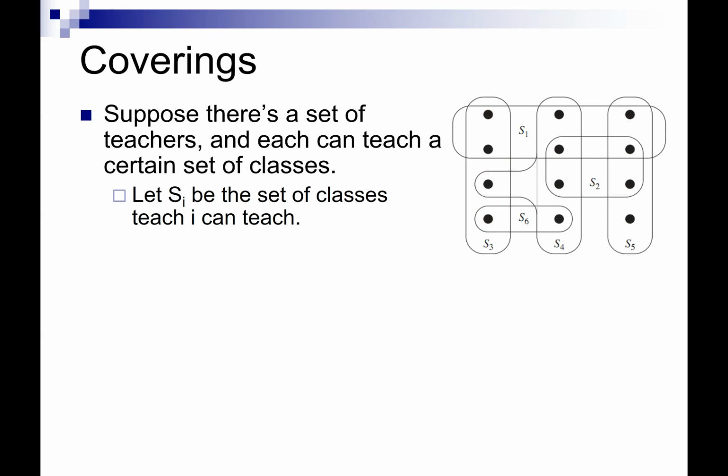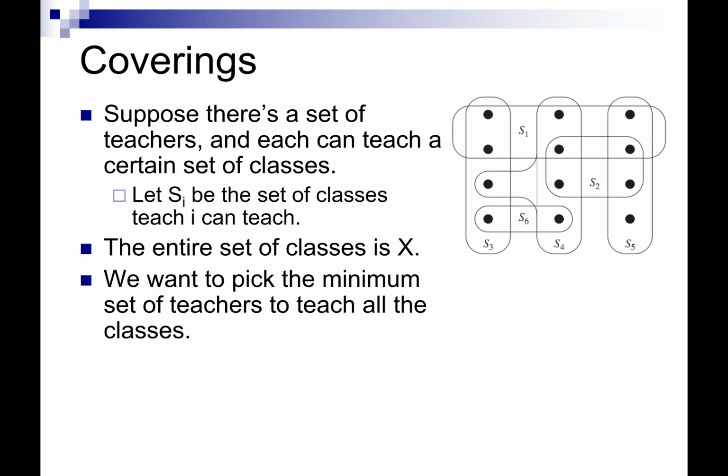We have 12 classes here, and each of these circles, or this shape over here, represents the set of classes that a teacher can teach. For example, teacher S1 here can teach these 6 classes. Teacher S2 can teach these 4 classes. And the entire set of classes, all of these points, is going to be called X.